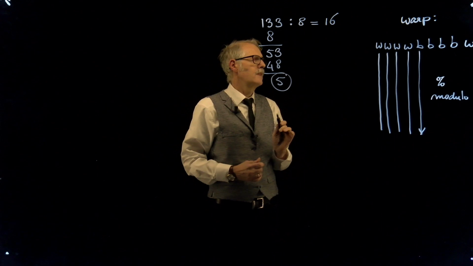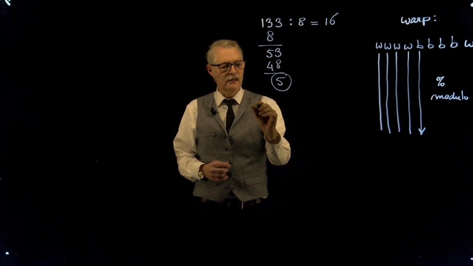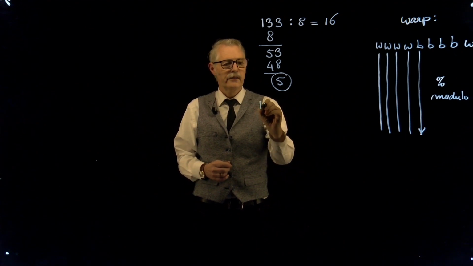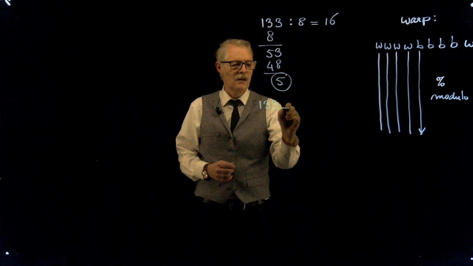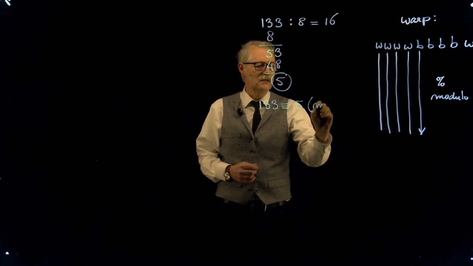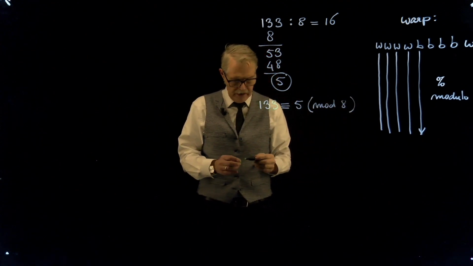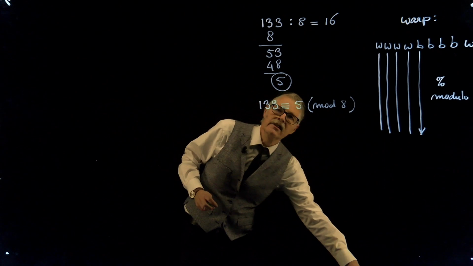This 5 is the remainder, and in mathematics we would write like 133 equals 5 when calculating modulo 8. In programming, the notation is slightly different.